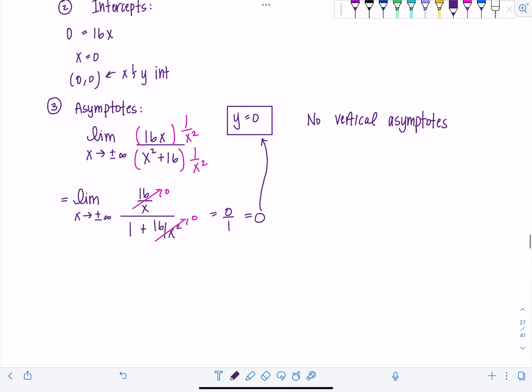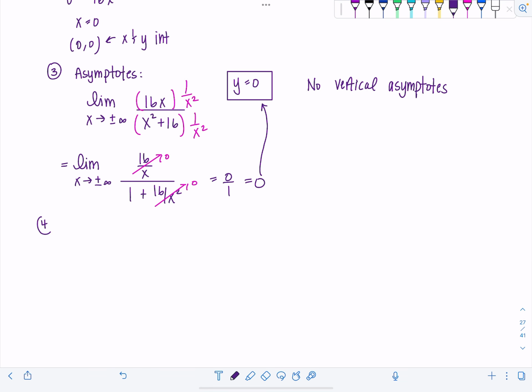Okay, from there I would ask them to find f prime and any critical points. So let's go ahead and do that. I'll just remind you, f of x was 16x over x squared plus 16.